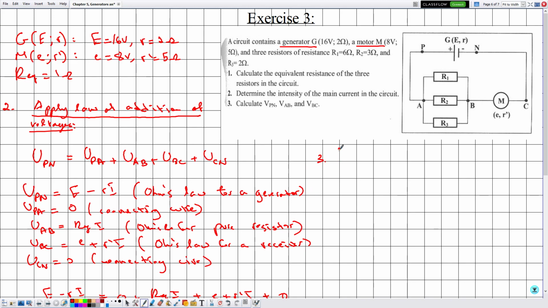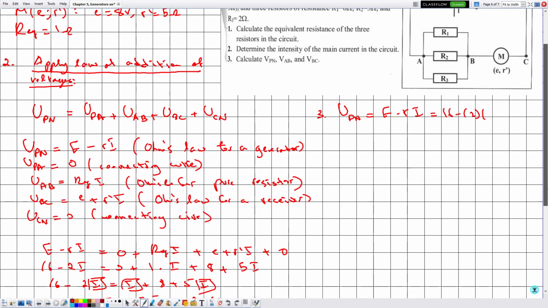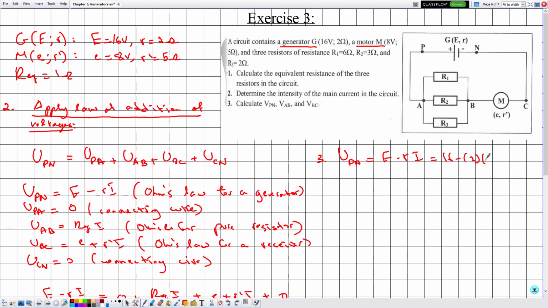UPN is already given here by E minus ri. The value of E is 16, the value of small r is 2, and the value of I that we have determined is 1. No need to mention any law because we have already done so. So 16 minus 2 is equal to 14 volts. Everything is expressed in SI.